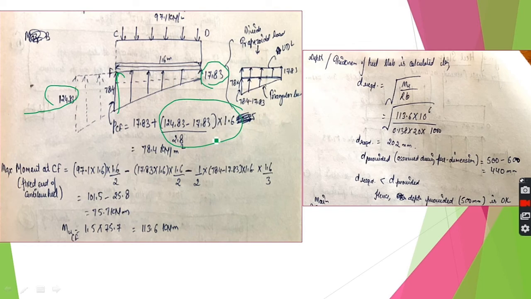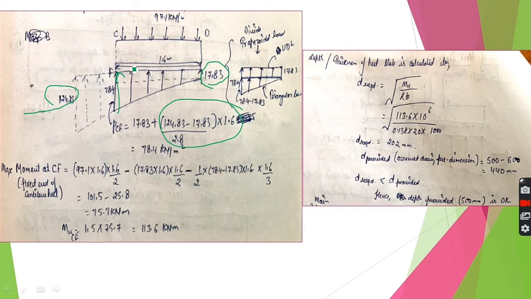That will be this. This is basically the unitary method. So I hope you will understand this. So PCF is 78.4. So now we have 78.4, this 97.1, and this is 17.83.